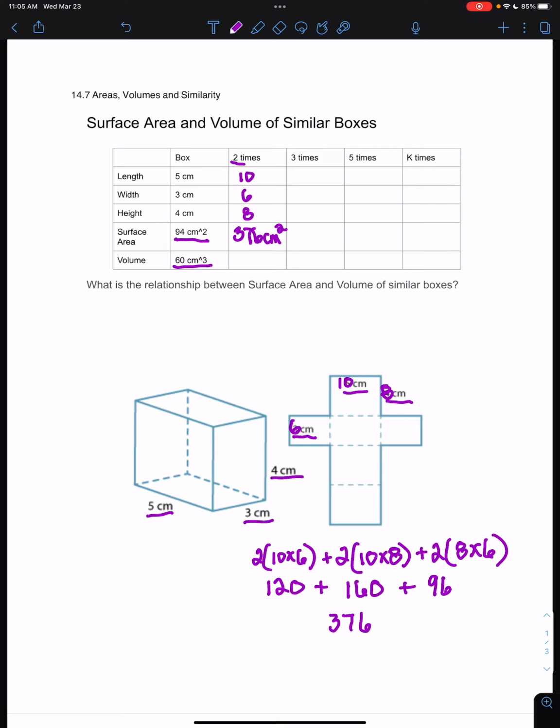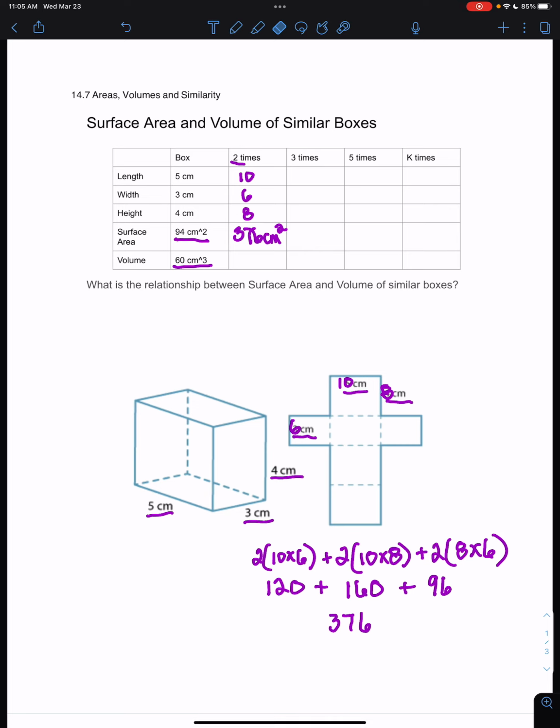Now you can see that that's a lot more than just 2 times. So if we did 94 times 2, we would predict that we would get 188. Instead, we get 376. That's a lot more. Let's figure out what that difference is.